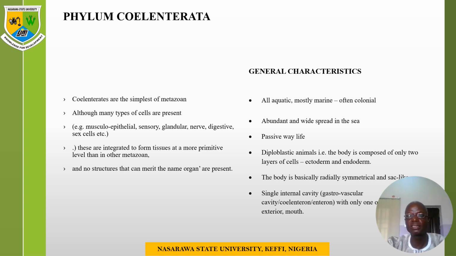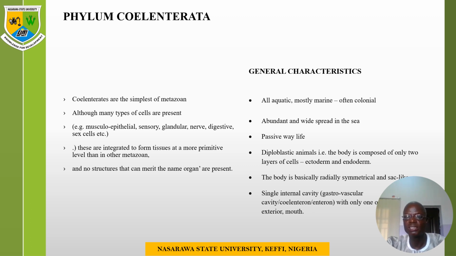They are abundant and widespread in the sea. They have a passive way of life. They are diploblastic animals, that is, the body is composed of only two layers of cells, the ectoderm and the endoderm. The body is basically radially symmetrical and sac-like.